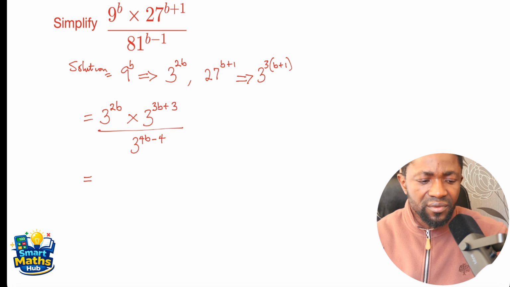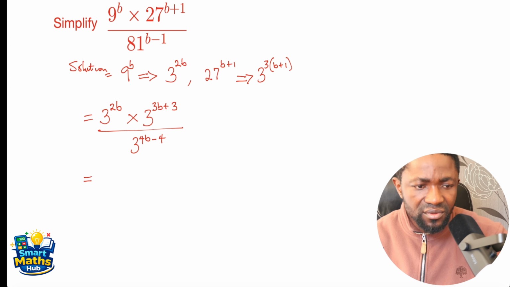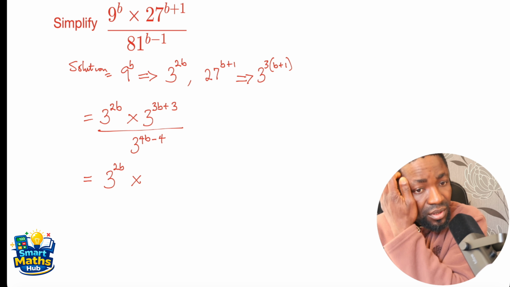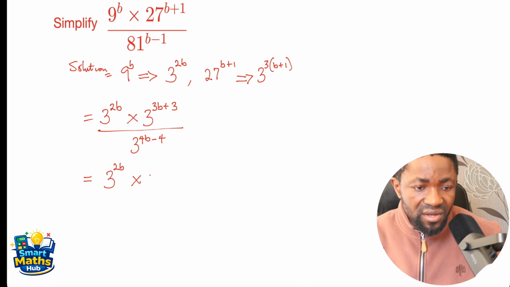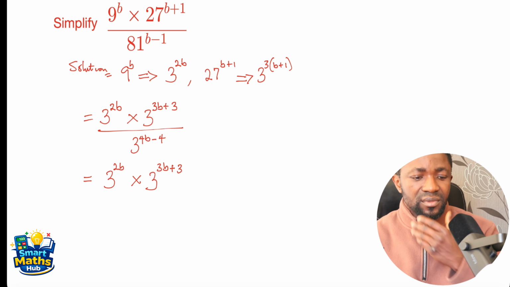So we have 3 raised to power 2b, multiplied by our numerator, we still have 3 raised to power 3b plus 3.